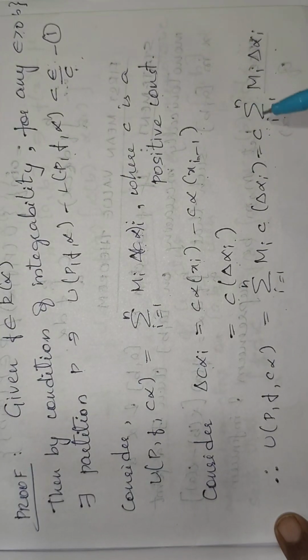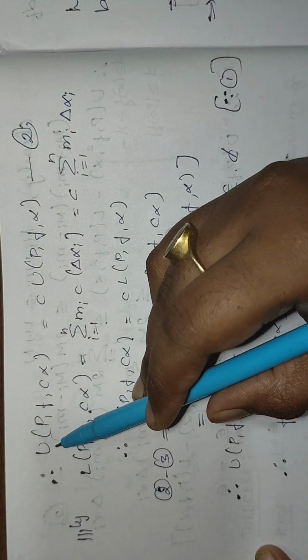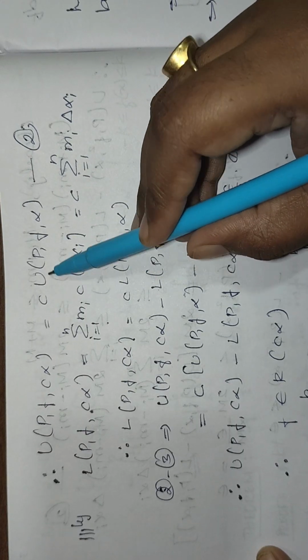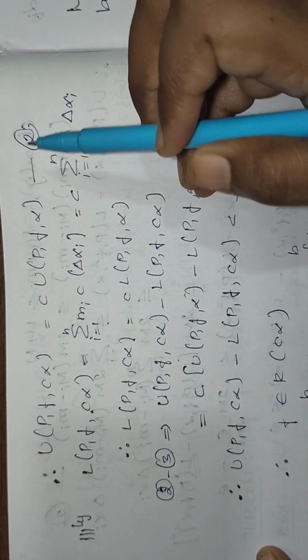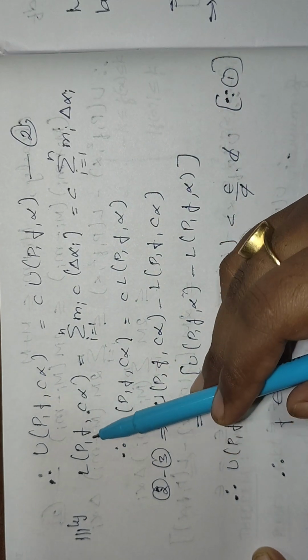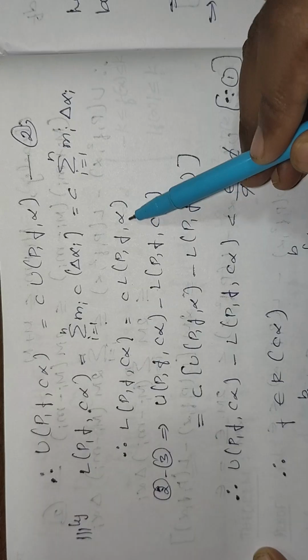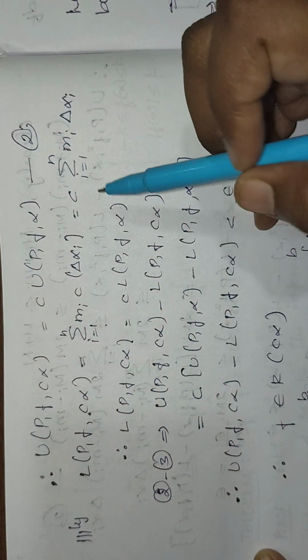So c into the summation from i equal to 1 to n of Mi delta alpha i. Therefore, U(P, f, c alpha) is equal to c into U(P, f, alpha). Name this as equation 2. Similarly, L(P, f, c alpha) is equal to c into L(P, f, alpha). Name this as equation 3.